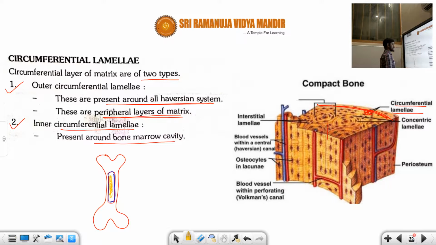This is the yellow bone marrow. So this one is the inner circumferential lamellae. Hope you understand about the circumferential lamellae, right? This is a diagrammatic representation of where the circumferential lamellae is present, for you to take as a reference.